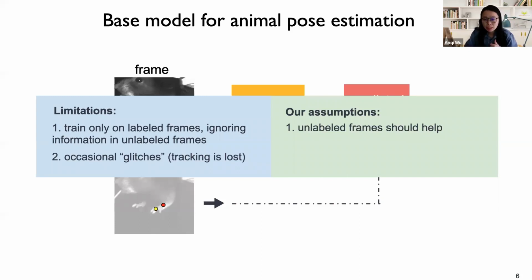Second, even with hundreds of labels, users still often see occasional glitches, which implies that the tracking is briefly lost. These occasional glitches cannot be easily or effectively smoothed out, and therefore will typically interfere with downstream analysis of these extracted behaviors. So our solution is to incorporate temporal and spatial constraints from the behavioral videos to smooth out these glitches during training.